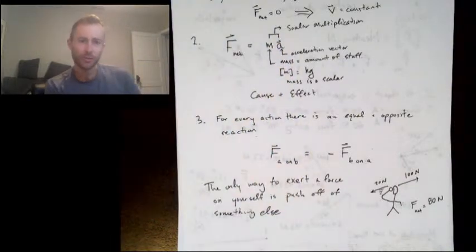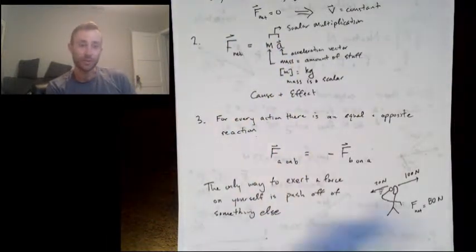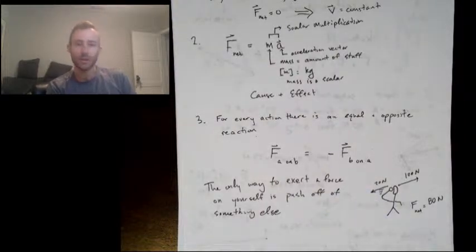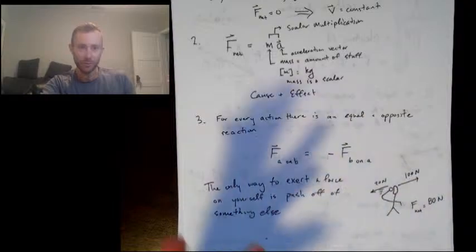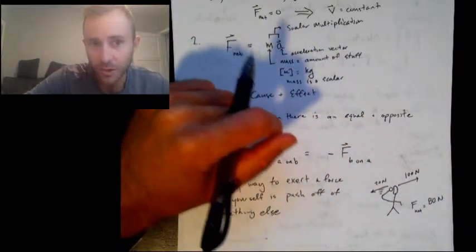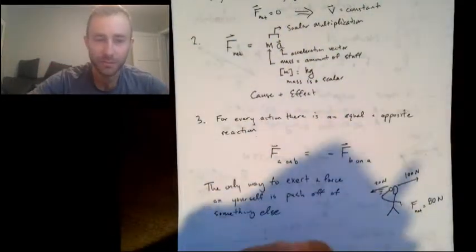Okay? For example, if you want to walk, you have to push off the ground. Okay? If you want to jump, you have to push off the ground. If you're in outer space and you want to change your direction of motion, you have to basically push off of your fuel. So oftentimes fuel is called reaction mass, okay?